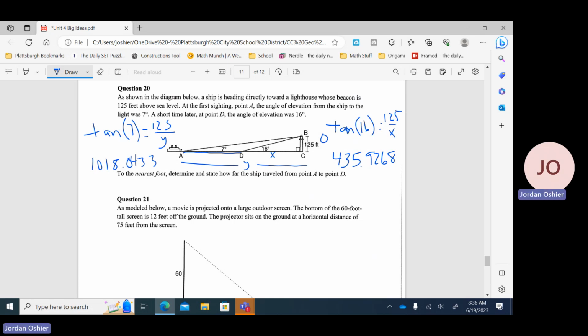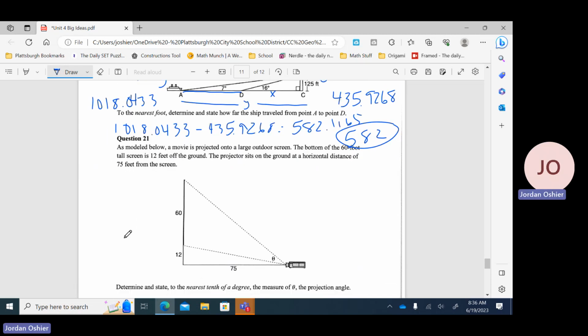So I might just write subtract, but this is what I'm typing into the calculator. So you want to show all of that beautiful work to get credit. And I have to type it in simultaneously. But always, always, always show your work. Okay. That is 582.1165. As long as I didn't type something in wrong, to the nearest foot, that would be 582 feet.